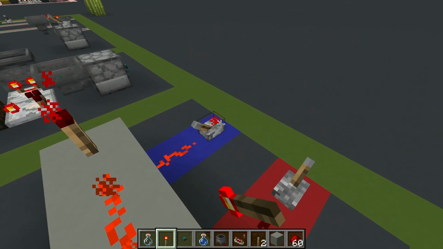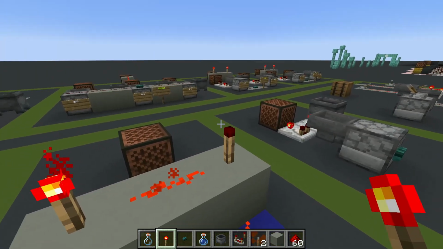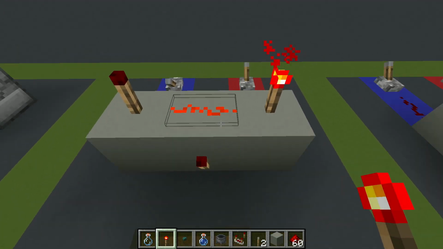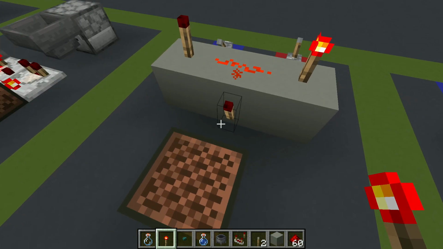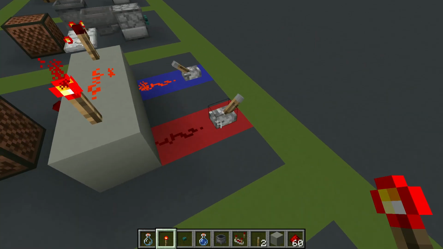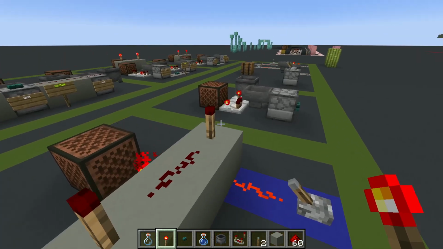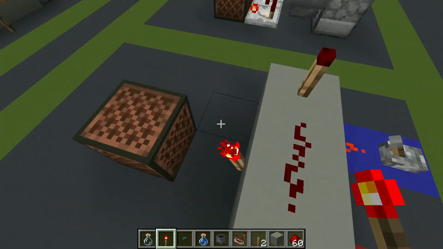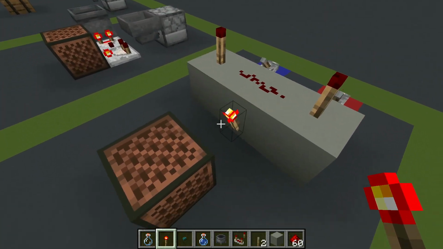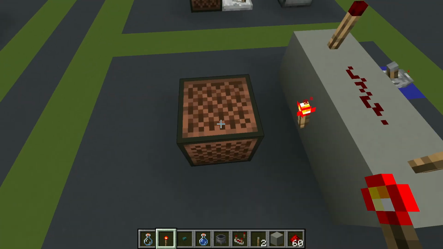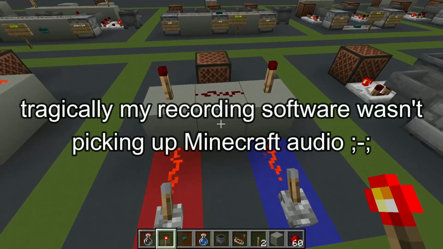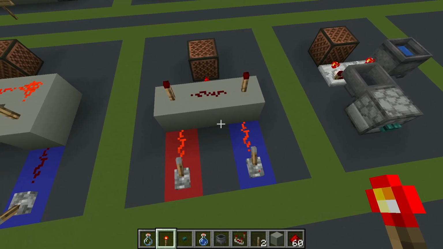So when I put a signal into this gate here, that's turning off this torch. However, since this torch is still on, this redstone is still powered, which means that this torch is also still going to be off. It's only if both are turned on that both of these torches are turned off, which means this dust will be turned off, which means this will be able to reactivate and allow a signal to perpetuate forward, which is what activates that note block. So that's how an AND gate works.